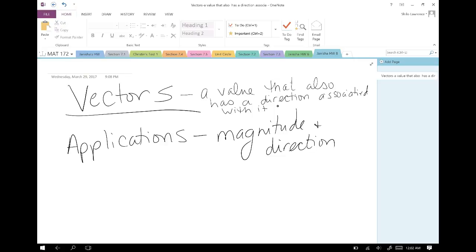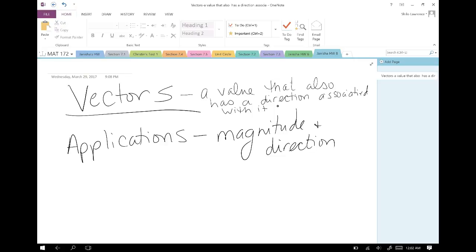So if you wanted to describe to somebody your velocity, you could say that you are traveling at 20 miles per hour in a direction northeast. So it's a value and it's a direction. So all a vector is, is a value that also has a direction associated with it.